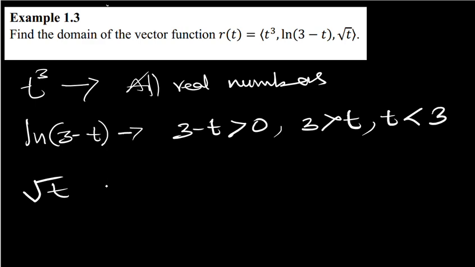The square root of t is defined only if the value of t is non-negative. It's a non-negative number, or otherwise greater or equal to 0. Remember, we are working in the real number space, and the radical sign is defined on 0 and positive real numbers.